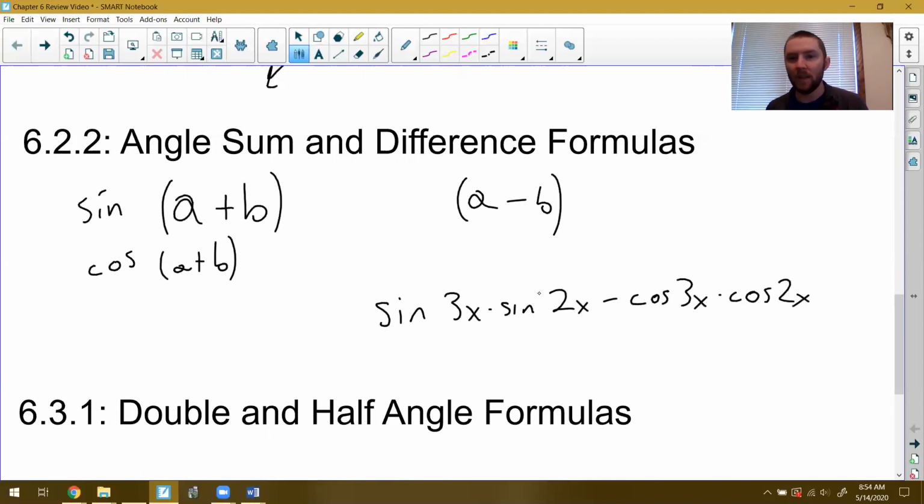Right, so we could take this and look back at our formulas and think, oh, this is really just the cosine angle sum formula. So this is really just the cosine of 3x plus 2x, which we can then simplify to 5x, and it just makes our life a lot easier, right? So that was sort of the point of those angle sum and difference formulas.